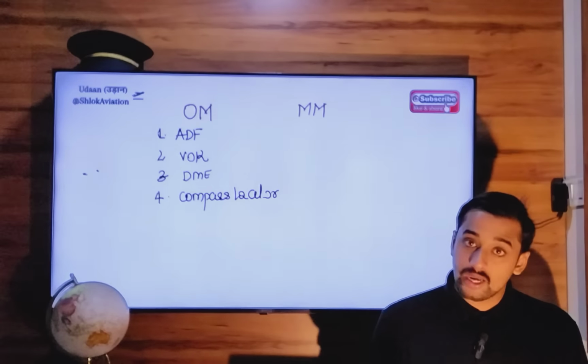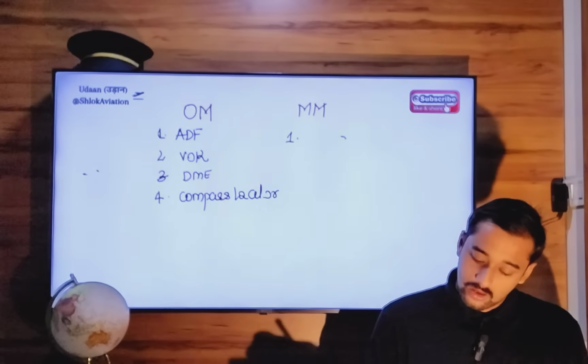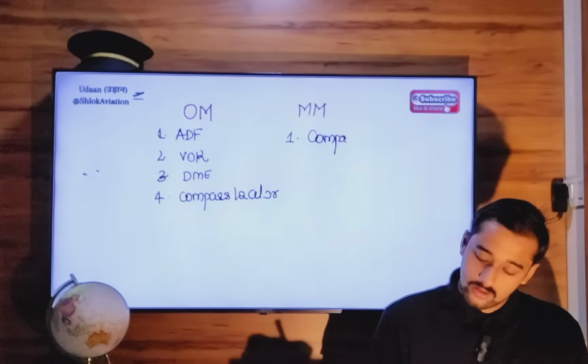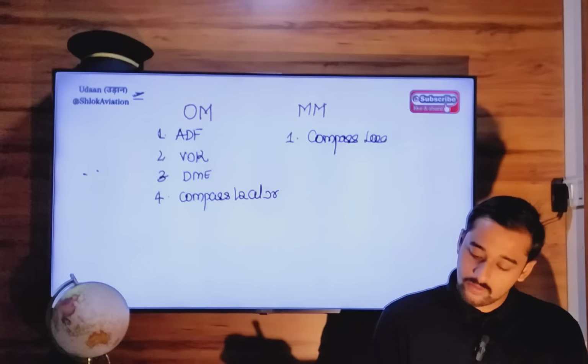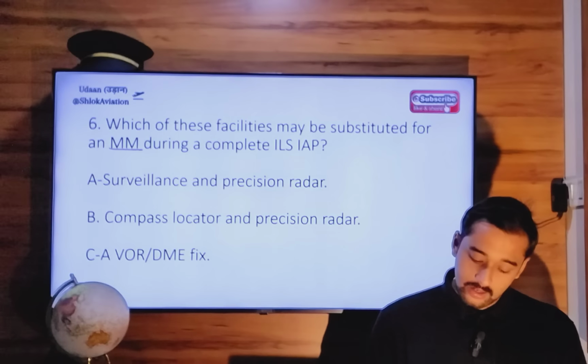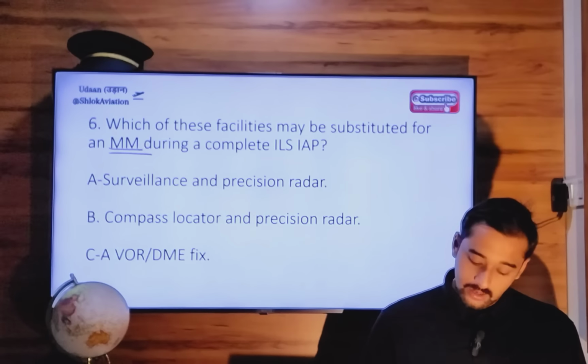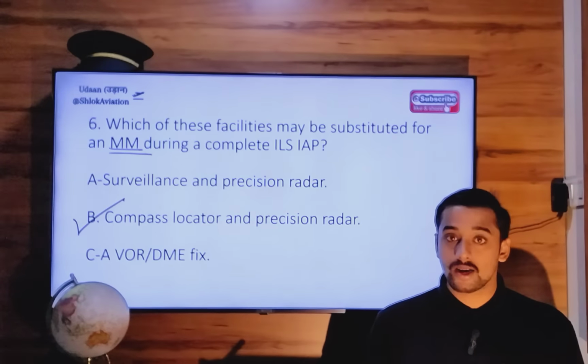Middle marker may only be replaced by compass locator. Okay, so the correct option here will be middle marker. They have asked middle marker. So middle marker may be replaced by compass locator and precision radar.